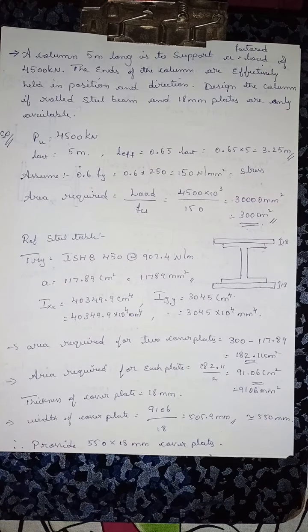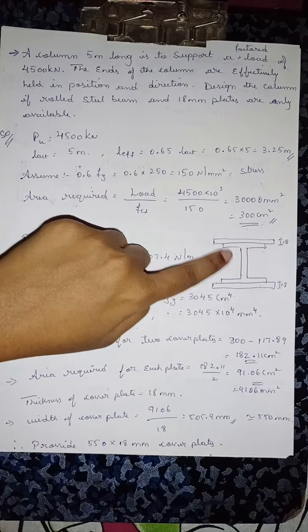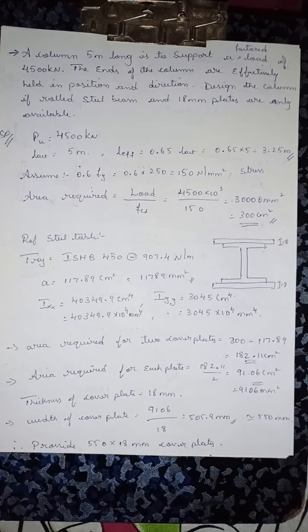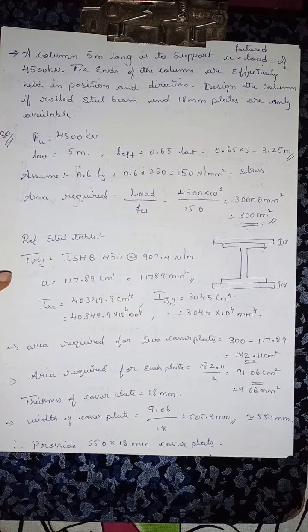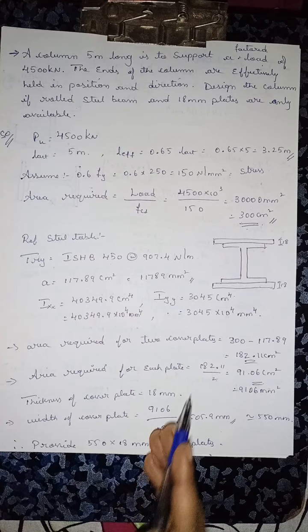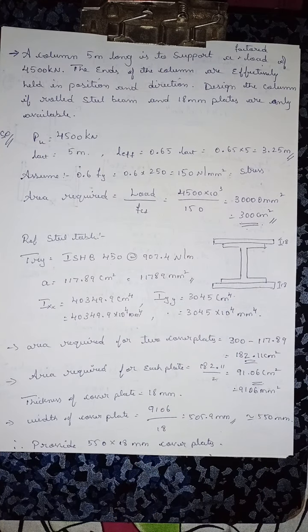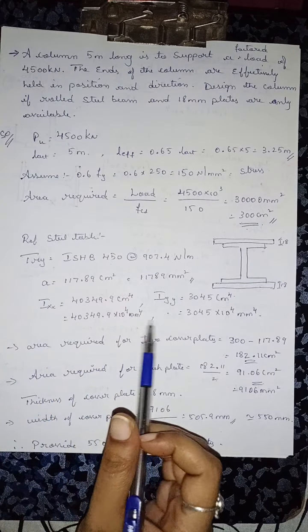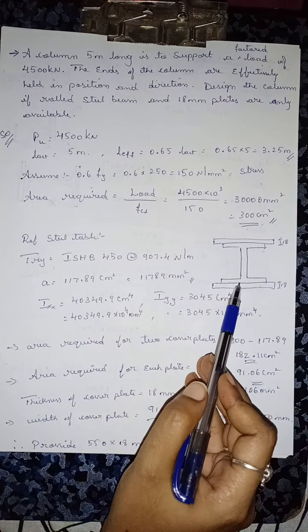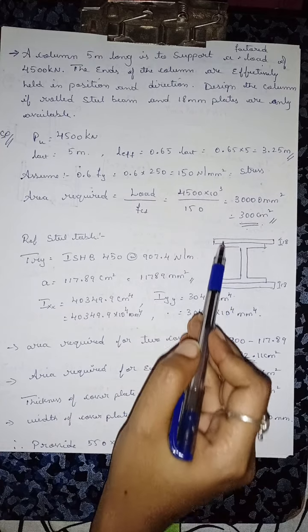So now I'll split up this area for the I section separately and the plates separately. Okay, so now in the 300 you can assume 40 to 50% for the I section, the remaining 60 to 50% you can assume for the plates, or else you can give 50-50 on either side. That means 50% for the I section, 50% for the 2 plates.